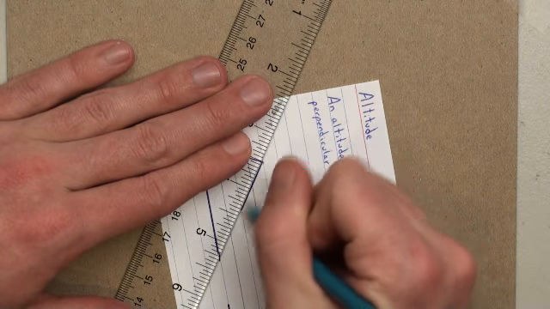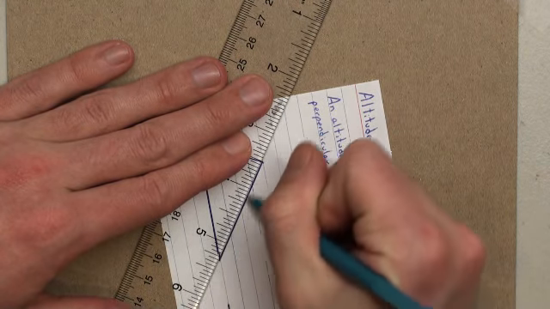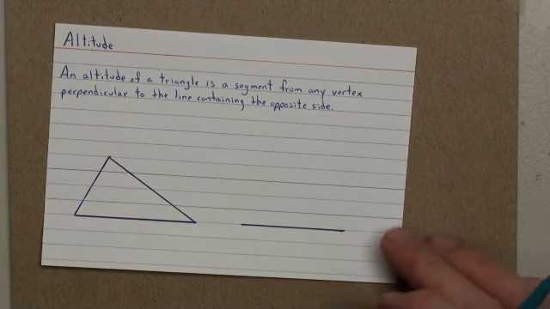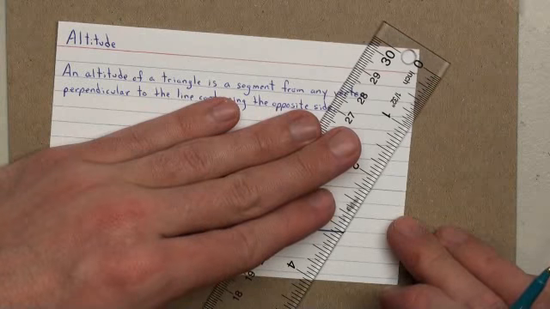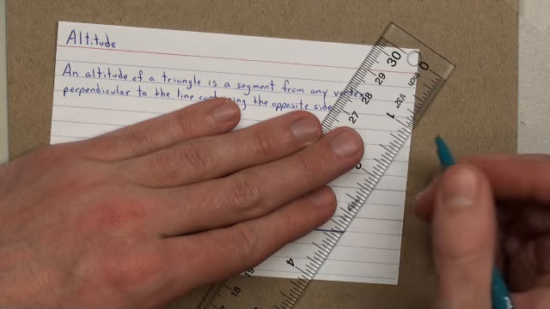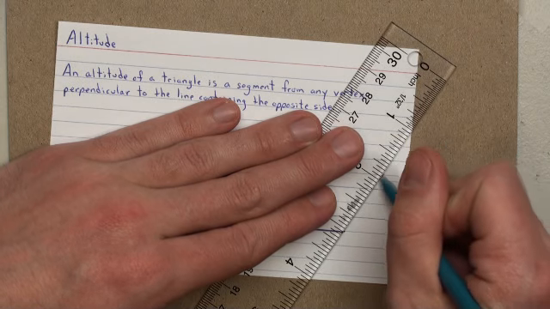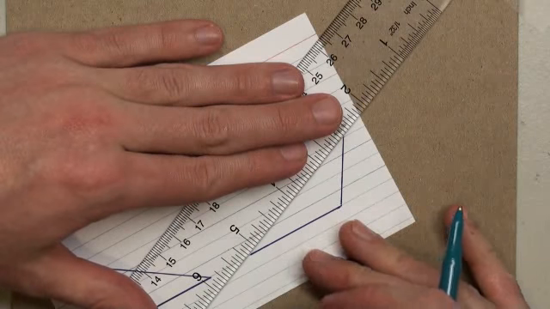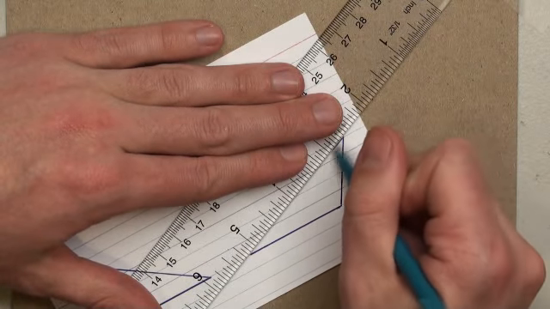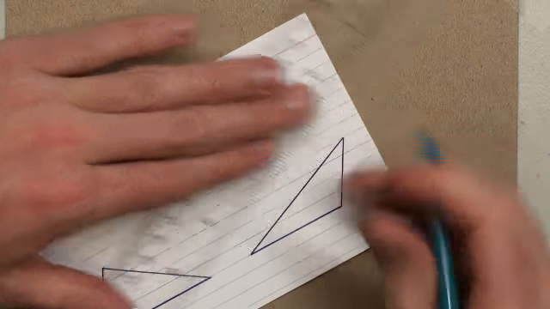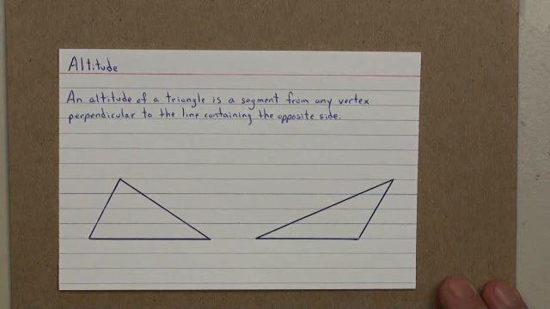This is my acute triangle. All the angles are less than 90 degrees. And on this other triangle I'm going to draw an obtuse triangle because there's a difference in the altitudes. And you'll see exactly what I'm talking about when we finish this. So in an obtuse triangle, one of the angles is greater than 90, right? The other two are less than 90. Okay?